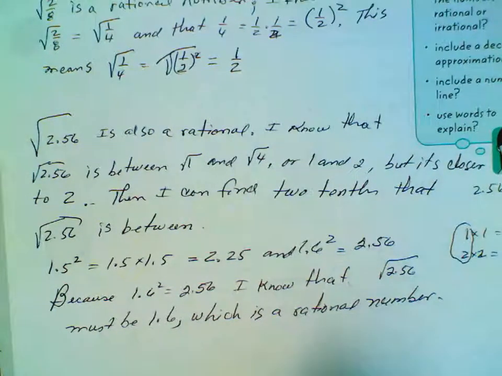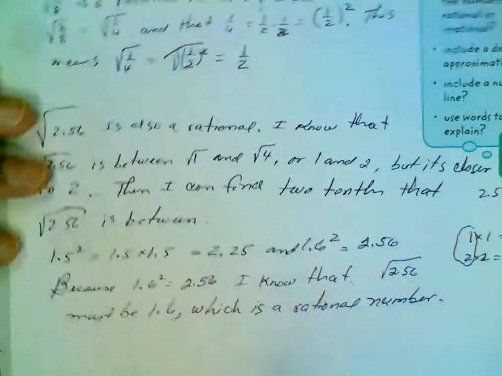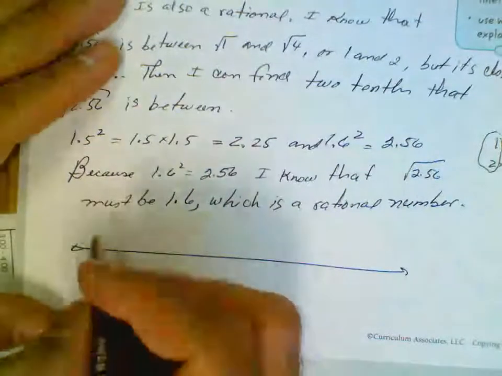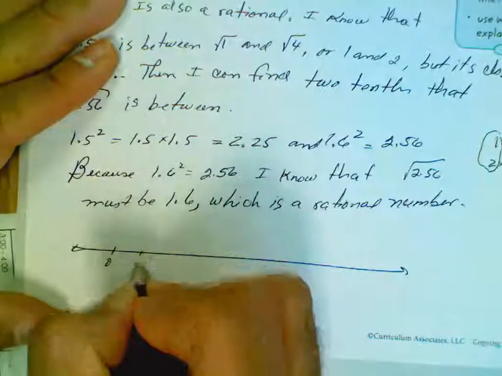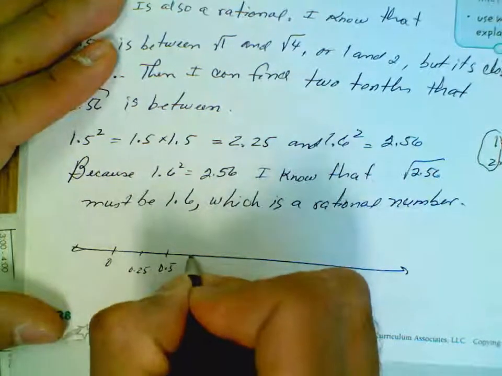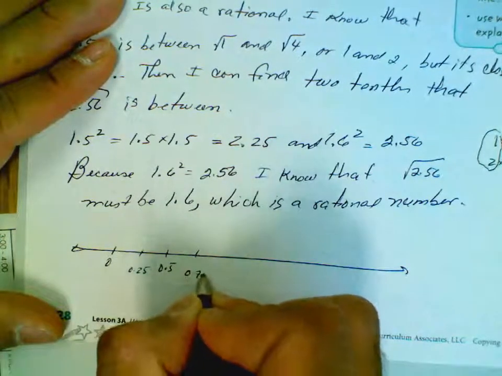Now we need to mark those solutions on the number line. Where are we going to put it? Remember, this is page 28 in your book, and we're going to put it on a number line that we already have there. So in this case, if you draw a line, I'm going to have 0, 0.25, 0.5, then 0.75.